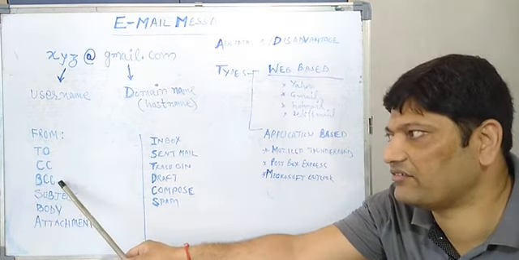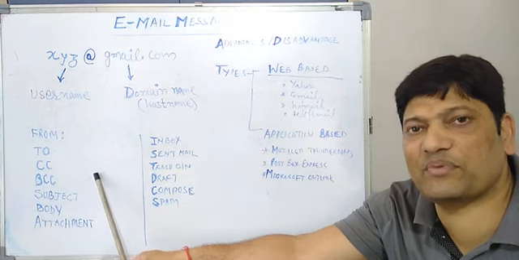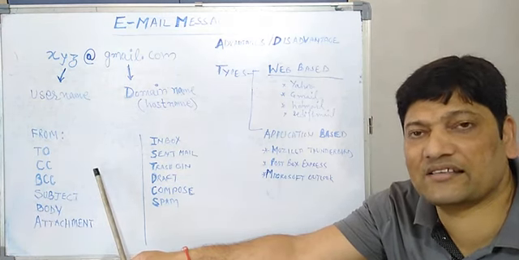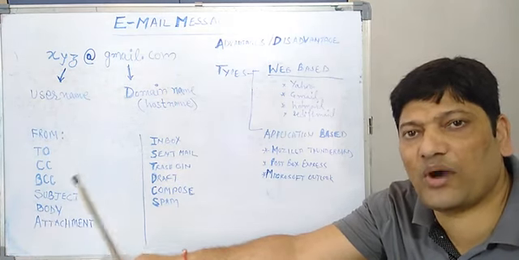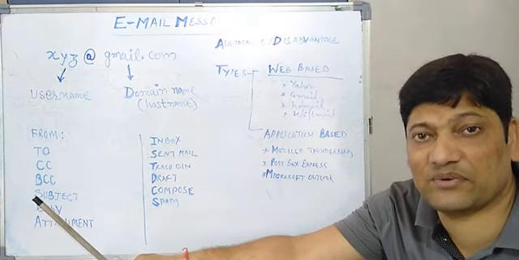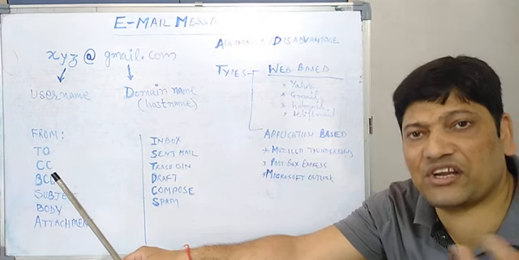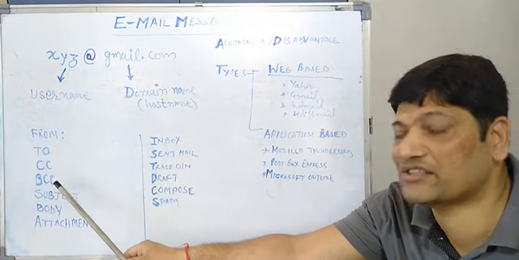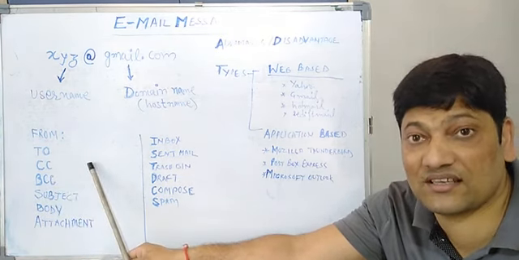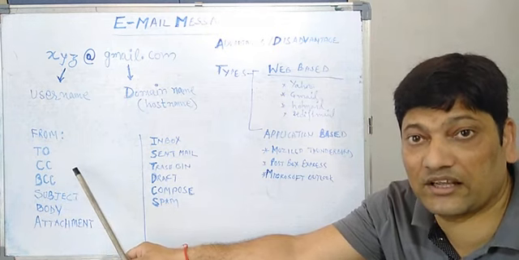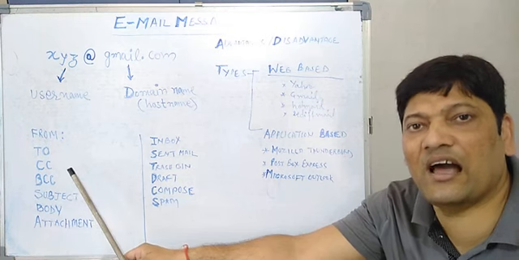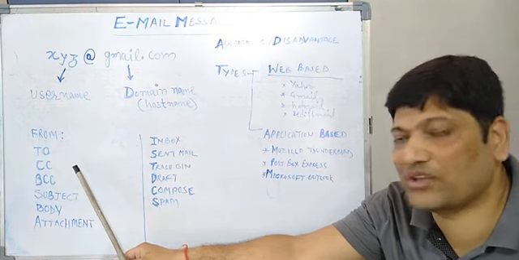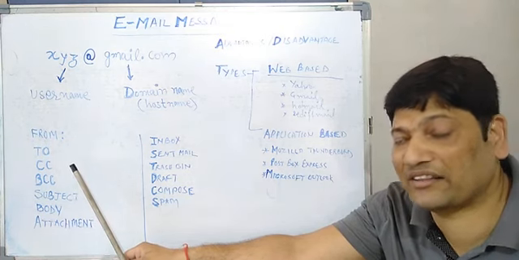Nobody is aware of whether this email is received by another person. That means sharing of email addresses is not possible in the case of BCC, but in the case of CC, it is shared among them.